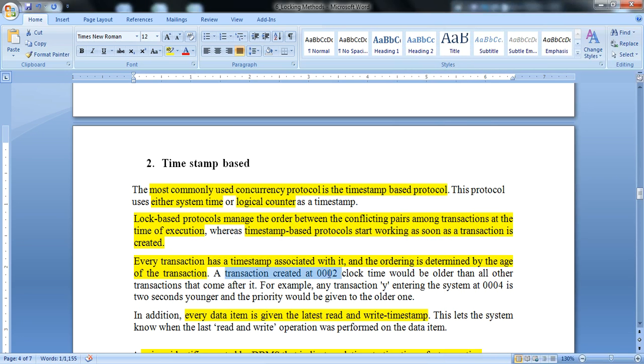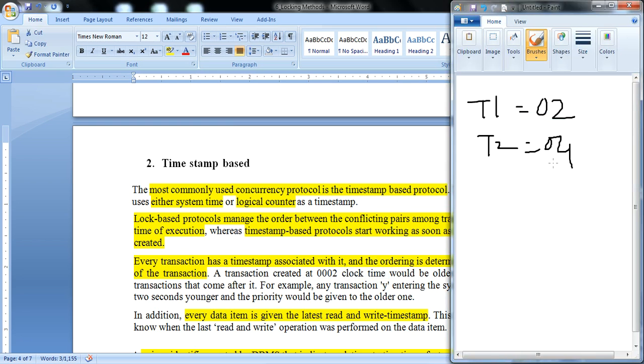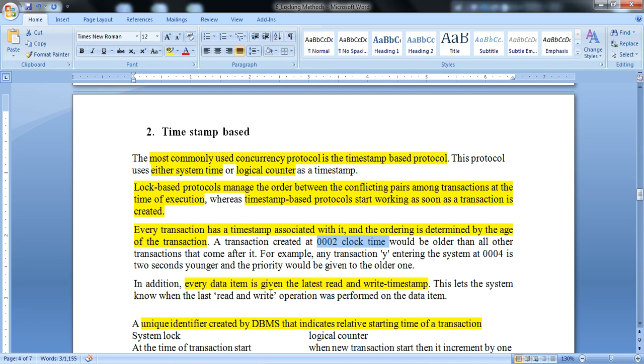A transaction created at 02 clock time is older than the other transaction. So whenever authority is given to execute, the older one has priority. Now every data item keeps the latest read and write timestamps.